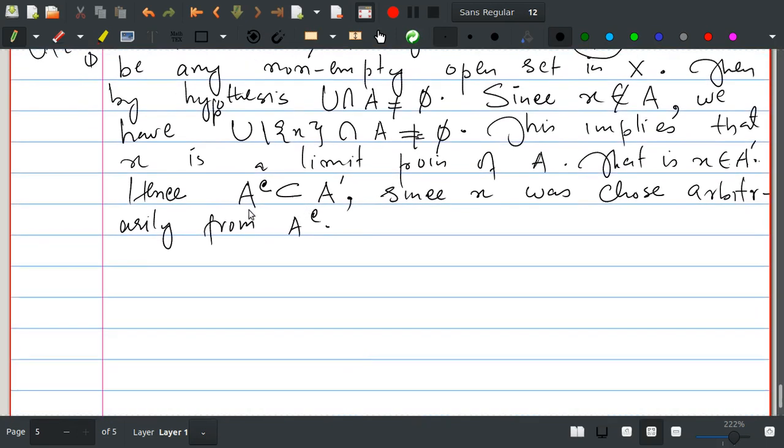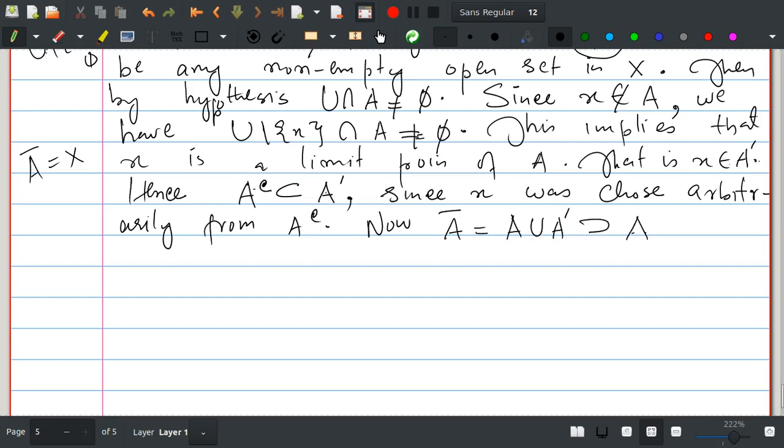Now what do we have to prove? We have to prove A closure is X. Now let us look at this closure. A closure is A union A prime, but A prime contains A complement, so this contains A union A complement.